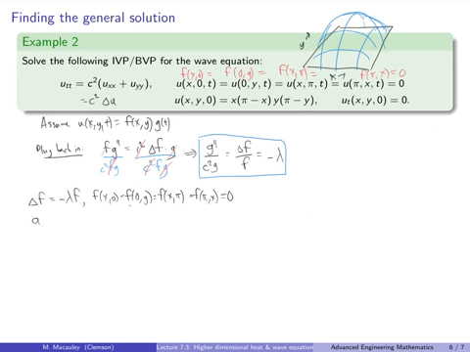And now for g, we have g double prime equals negative c squared lambda times g. Okay, so several things.